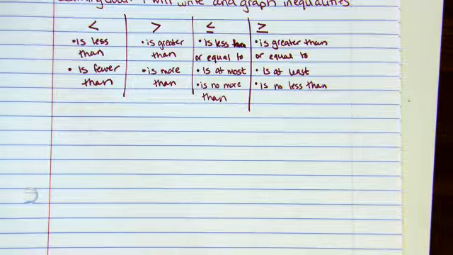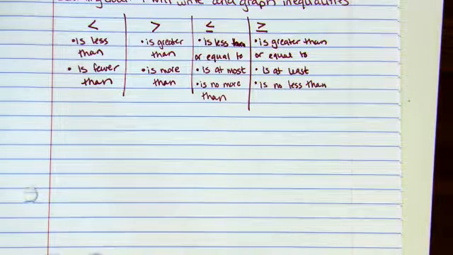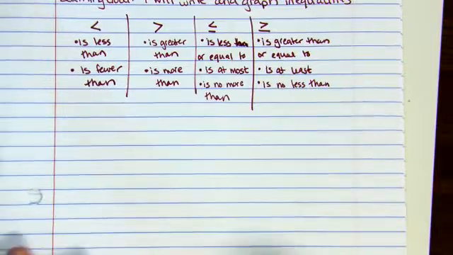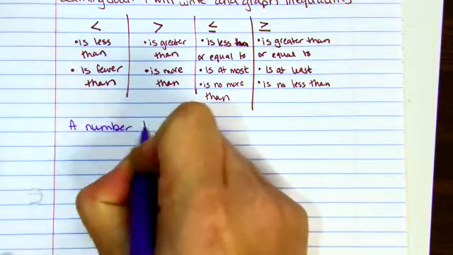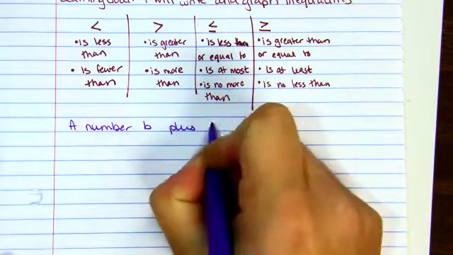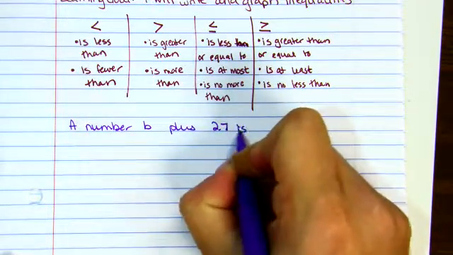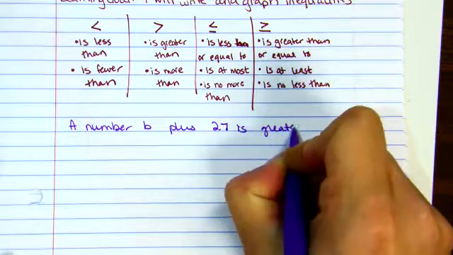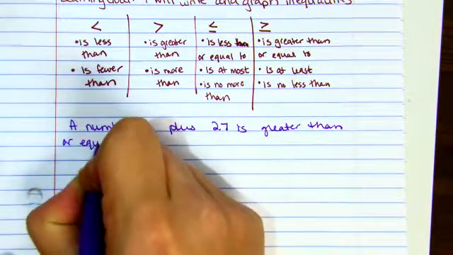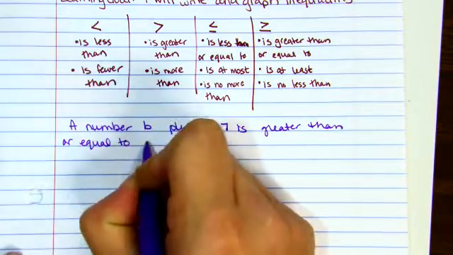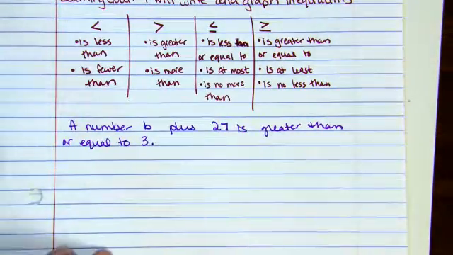So we're going to get right into writing the inequalities. A number b plus 2.7 is greater than or equal to 3. So a number b plus 2.7 is greater than or equal to 3.